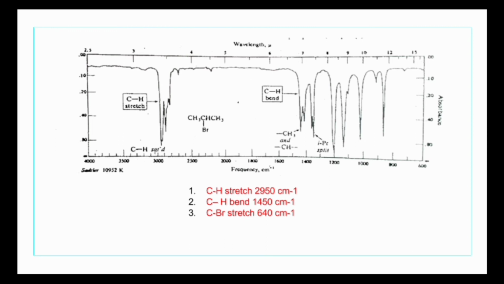If it gives a peak in that particular region, then we can say that the C-Br bond is present in that molecule. If not, then it is not present in that molecule.